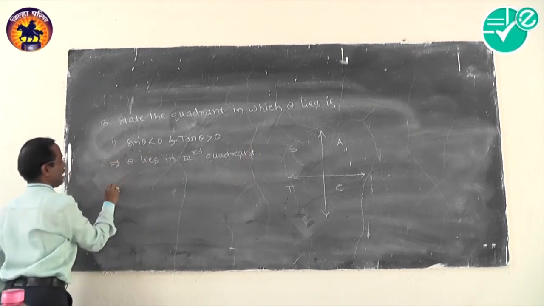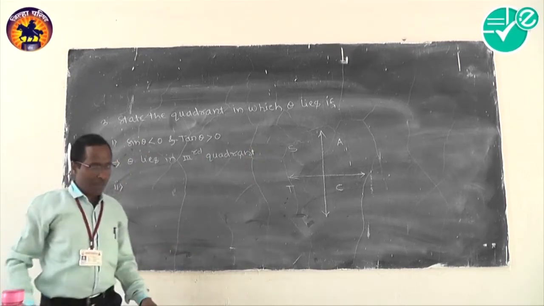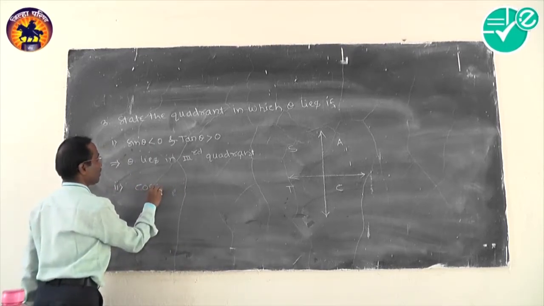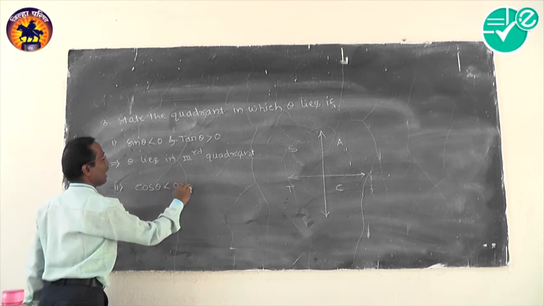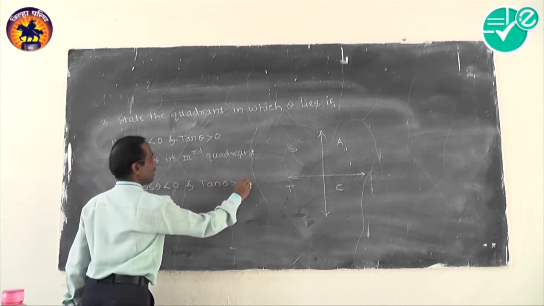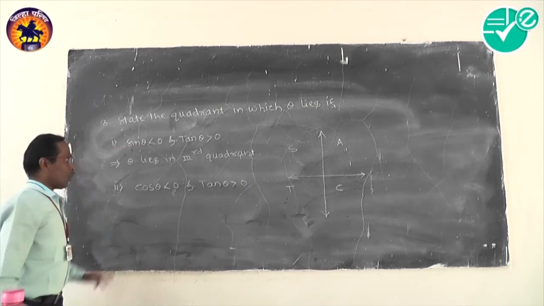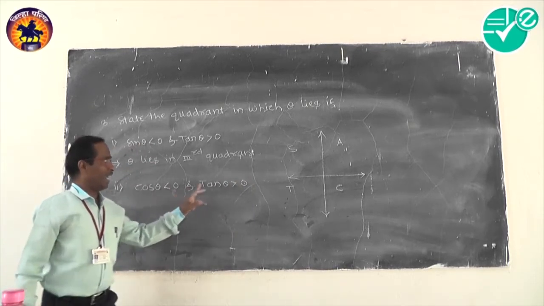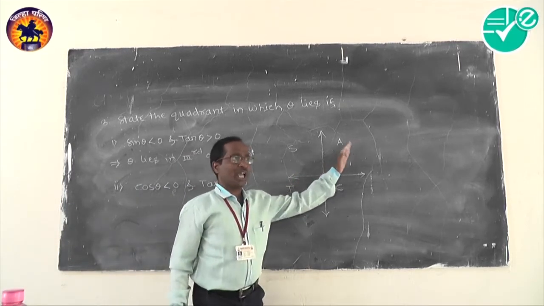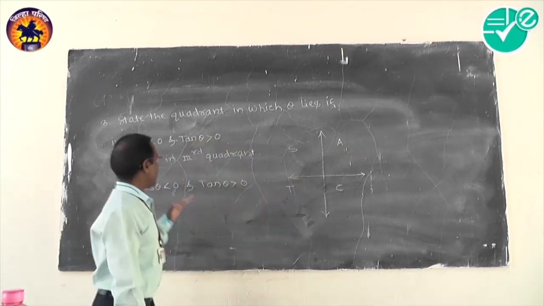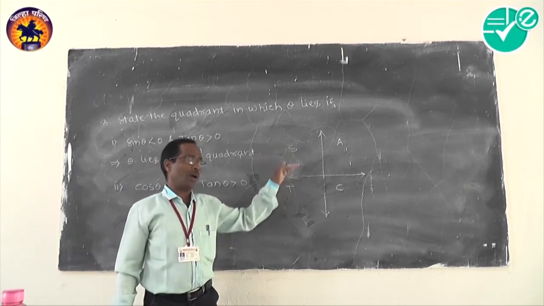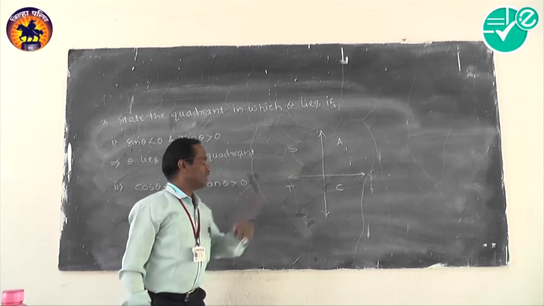Now second example of the same question, that is cos theta is less than 0 and tan theta is greater than 0. Cos theta is negative and tan theta is positive. So tan theta is positive in first and third quadrant and cos theta is negative in second and third quadrant, and the common quadrant for both is third.